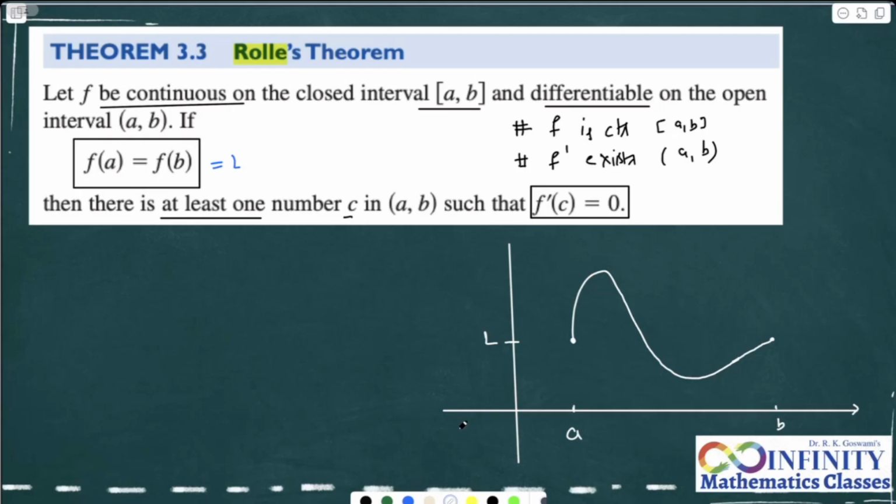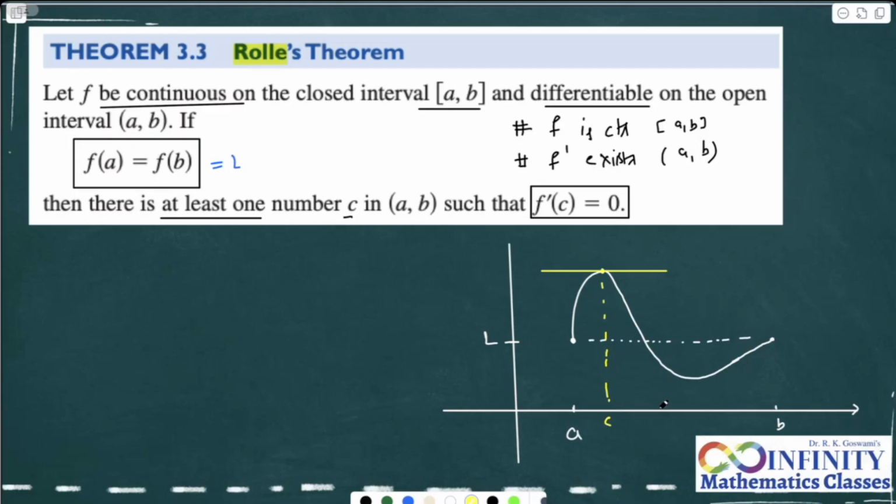It is differentiable everywhere over the open interval, and continuous because there is no break, everything is fine, and you can see that the values of f(a) and f(b) are going to be the same. Then consider a point where you can find a tangent like this. Certainly there will be a point.